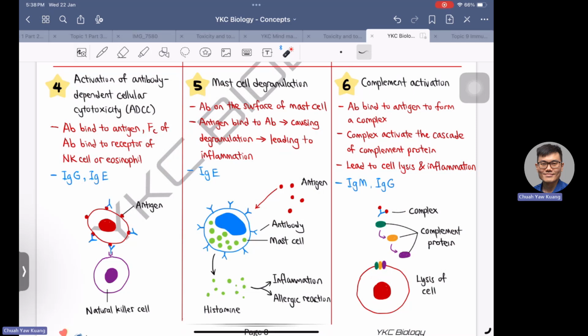Normally, the antibody that is going to activate the natural killer cell to kill cancer cells and also virus-infected cells would be IgG, while the antibody class that is going to activate the eosinophil and thus kill the parasite, or cause an allergic reaction, would be IgE.